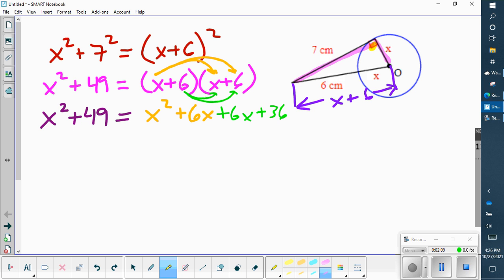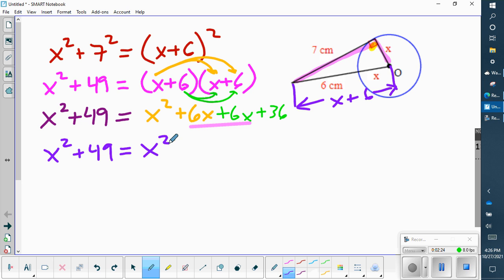I'm going to clean this up a little bit. These two right here are like terms, so I can put them together. At this point I have x squared plus 49 on the left side. On the right side I've got x squared, and I can put the 6x and the 6x together to get 12x.